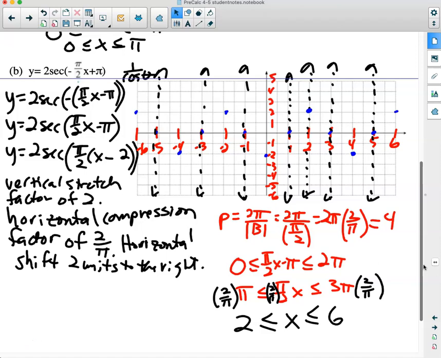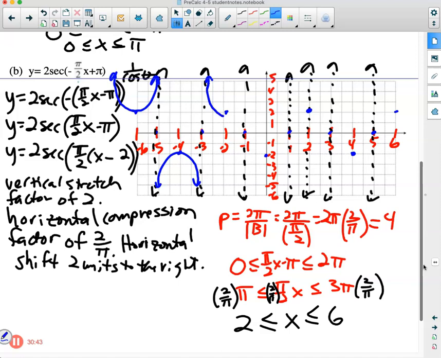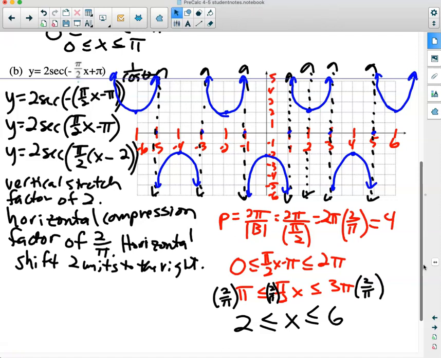And now we have to turn it inside out. Upside down. Looking like so. So very nice secant graph there that had a lot of things going on.